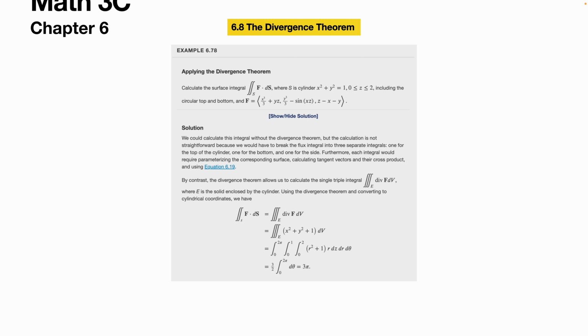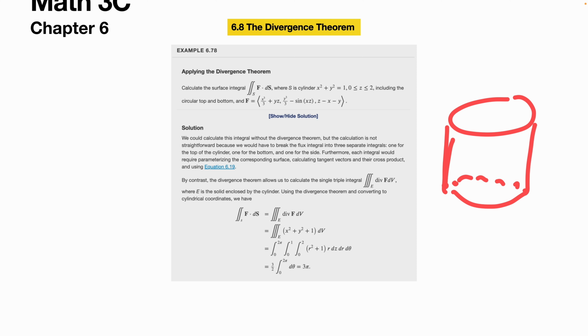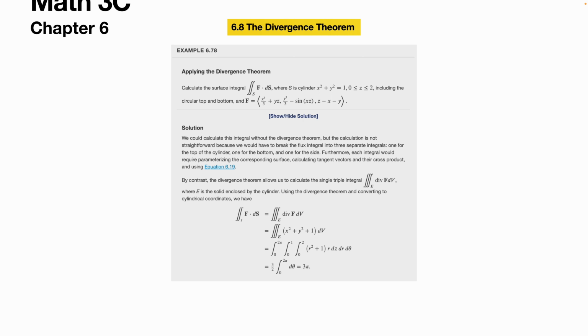And luckily that surface is a cylinder, but it includes both the top and bottom. So draw a cylinder. Think about the walls, but then they tell you, hey, wait a minute, you have both the top and the bottom. In other words, it's a closed surface, which is piecewise smooth.